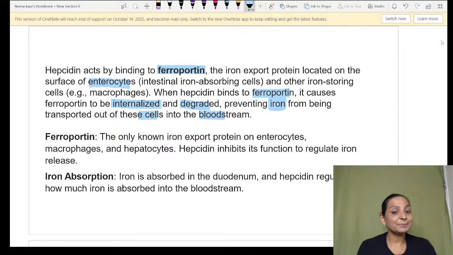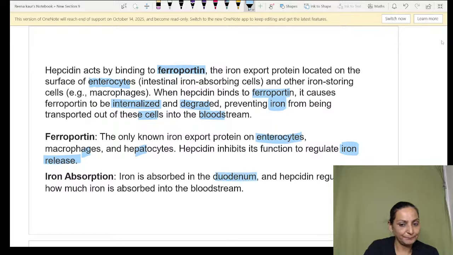So it is preventing the excess of iron in the bloodstream. Ferroportin is the only known iron export protein, present on the enterocytes, and also hepatocytes and macrophages. And hepcidin inhibits its function to regulate iron release. So it is actually regulating your iron level in the bloodstream. Remember, another related question: the site of absorption of iron is the duodenum.